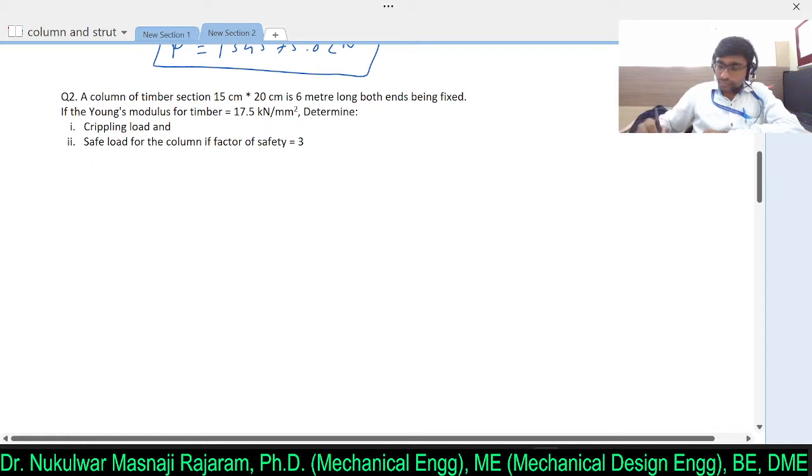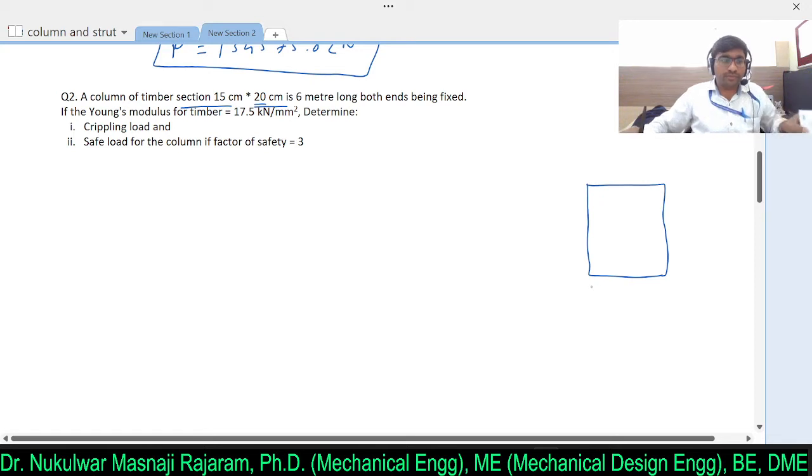A column of timber having the section is given. So here if I draw the diagram, the column of timber is given and the value is 15 centimeter. So instead of 15 I will say 150 mm and 20 centimeter, that is 200 mm.